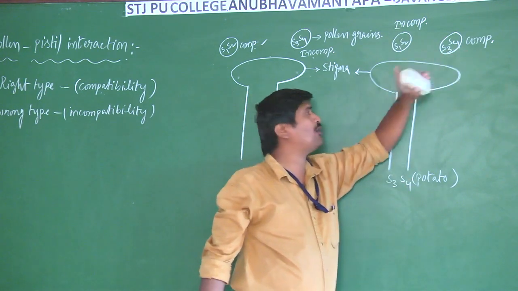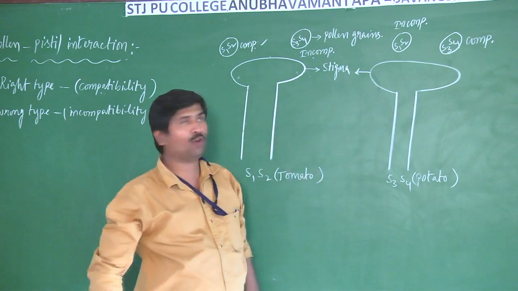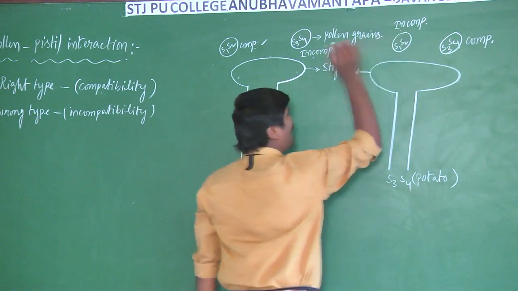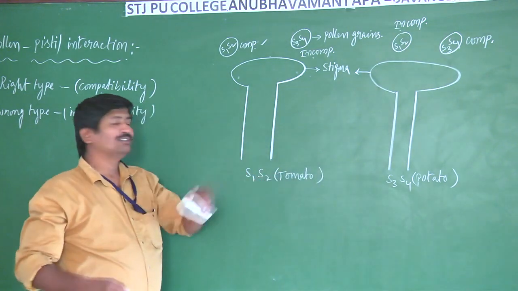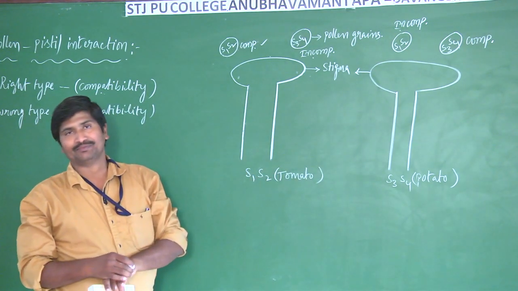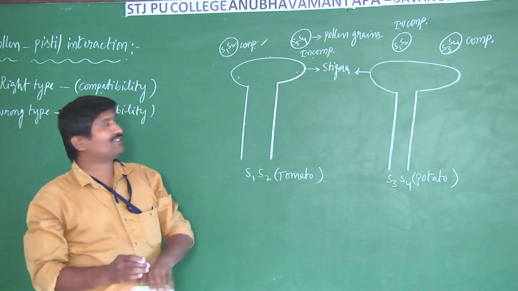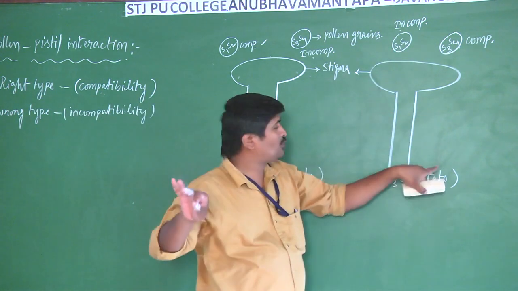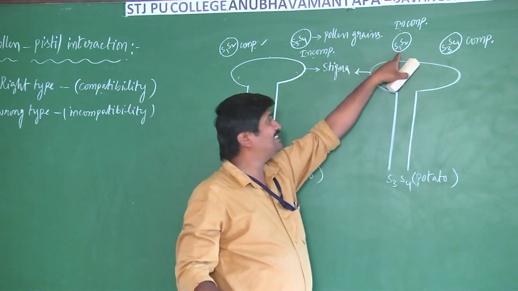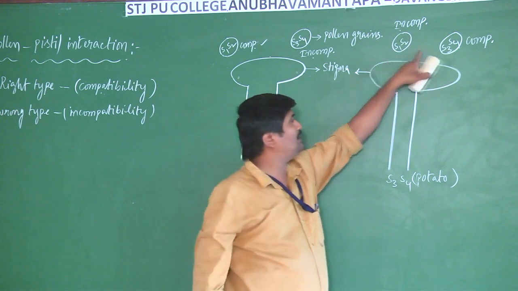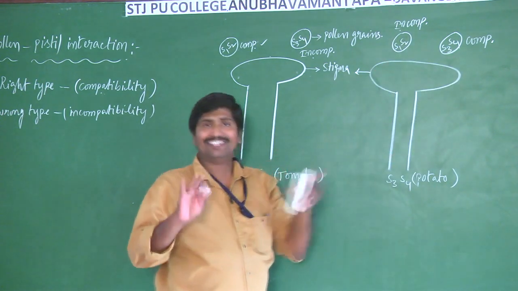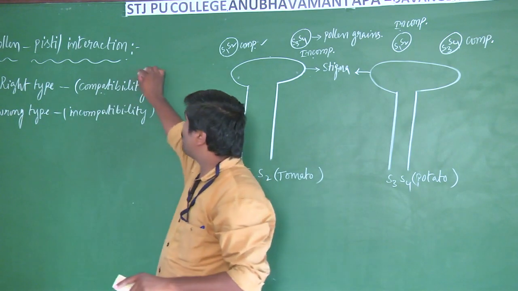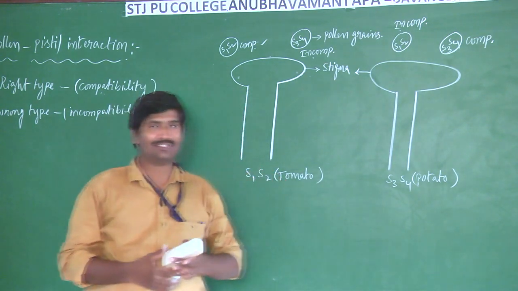That's why this is compatible on the stigmatic lobe. This one is incompatible because this pollen grain comes from the tomato species, yet it is on the stigmatic lobe of the potato. This pollen grain is incompatible and this is compatible. This is known as the pollen-pistil interaction.